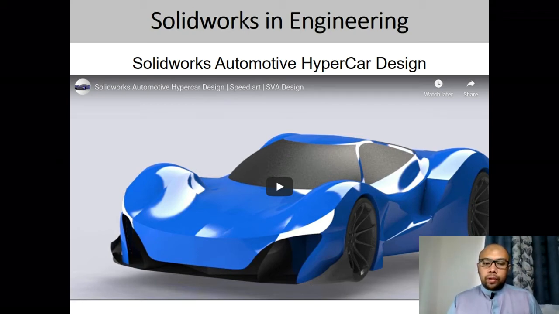I'll try to move this video faster. You can see the shape of the car is already formed. In this case the beauty is that you can use the mirroring technique. Mirror means you design one side and then mirror it to get the other side. I'll move it faster.